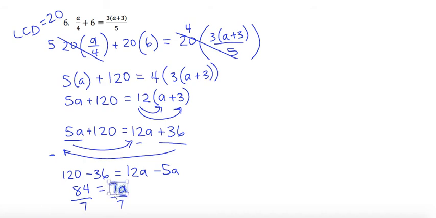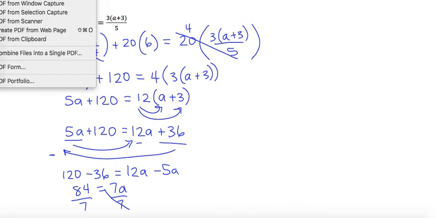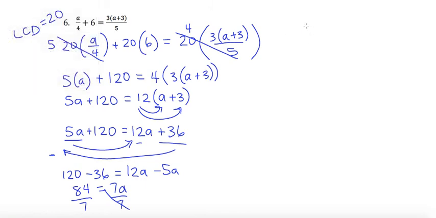So 7 divided by 7 gives us 1. And 84 divided by 7 gives us 12. So I have 12 is equal to a.